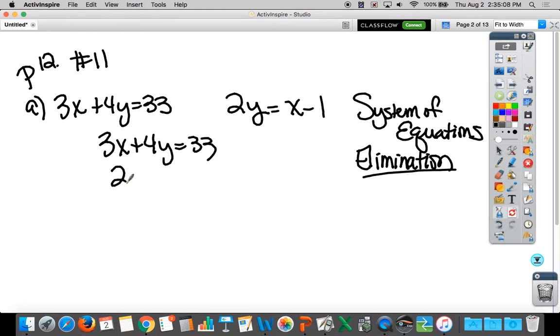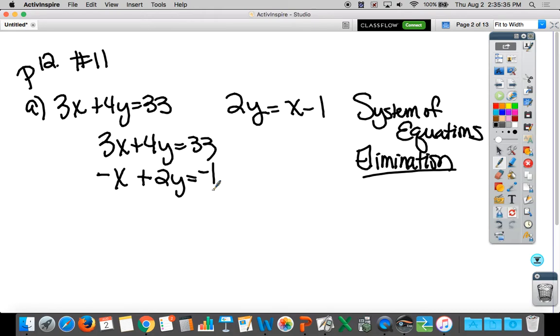Can I put 2y equals x minus 1 right here? What do I have to do to that? I need to have it in the same standard form. So what do I need to move? Make it negative x plus 2y equals negative 1.